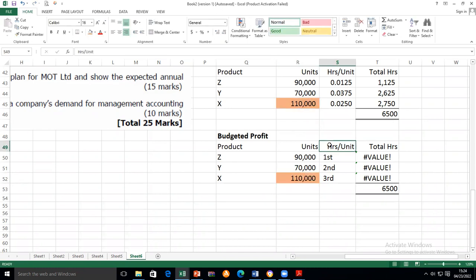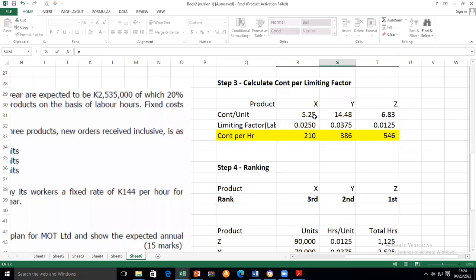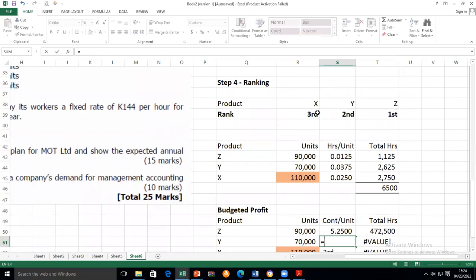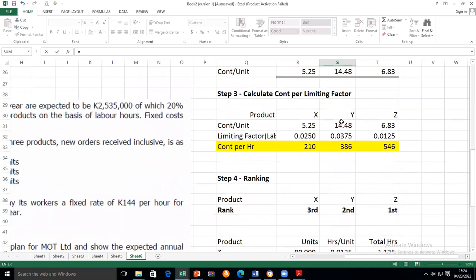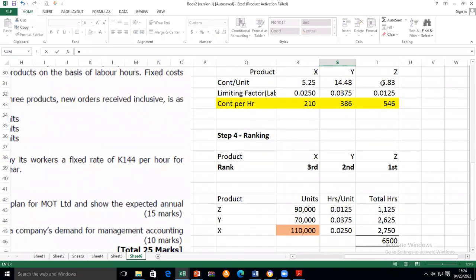What is the contribution per each unit? Let's find the contribution per unit. That one, and this one was the contribution. That one. And this one, what is the contribution? That one.